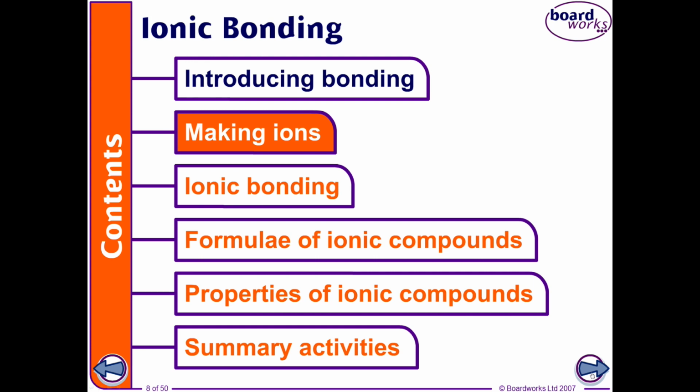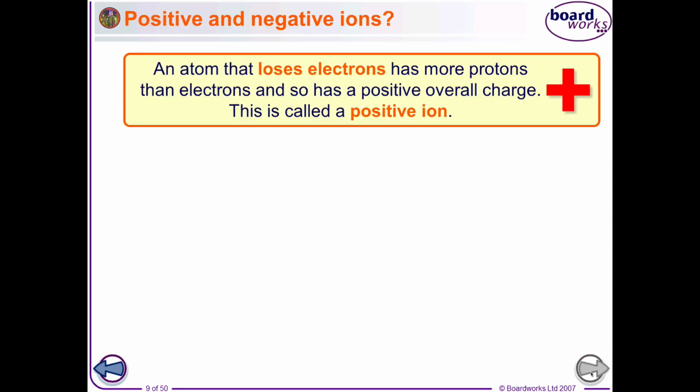Right, okay, ionic bonding first of all. Now, we need to look at why substances want to make ions. The rule is everything wants to get a full outer shell in chemistry. If it hasn't got a full outer shell, it will try to achieve that by losing, gaining or sharing of electrons. The first thing is an atom that loses electrons generally becomes a positive ion. This is because it's got more protons than electrons. Think about that logically.